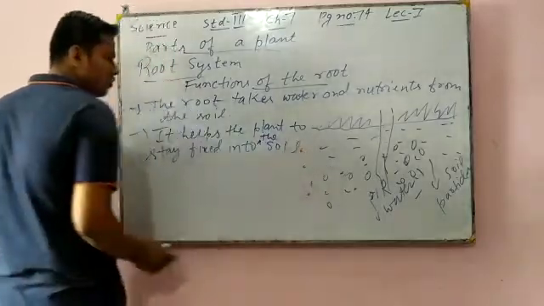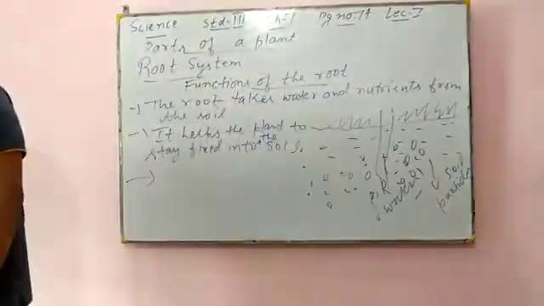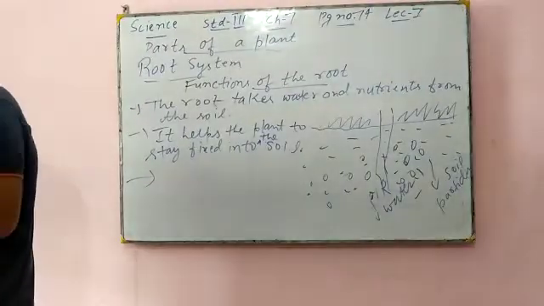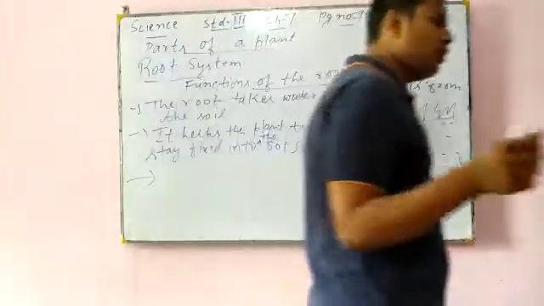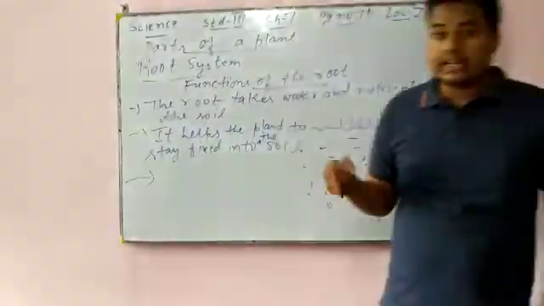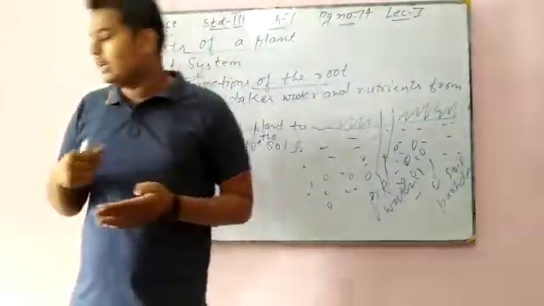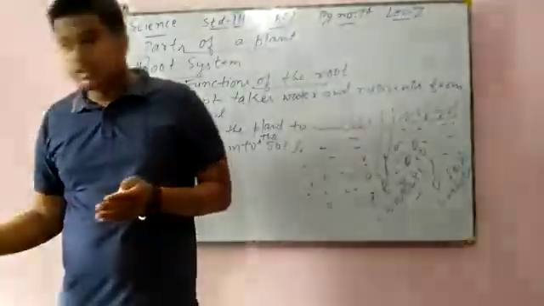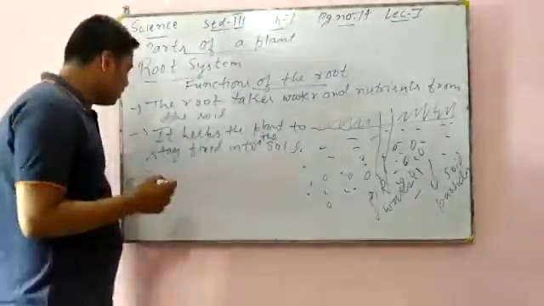Okay, next point. Roots such as carrots and radishes store extra food and are eaten. So roots, carrot and radish, all are roots and they store extra food because they grow under the ground. When you eat roots like radish and carrot, they contain a lot of water also.